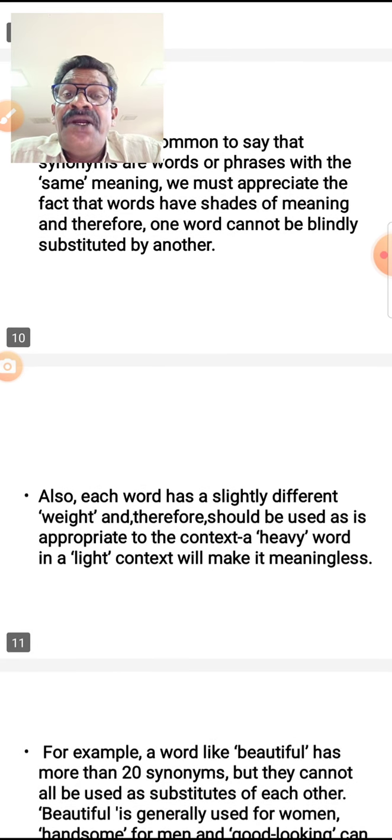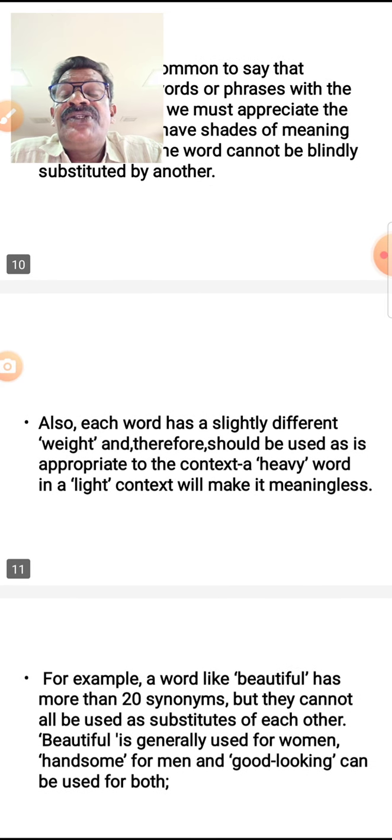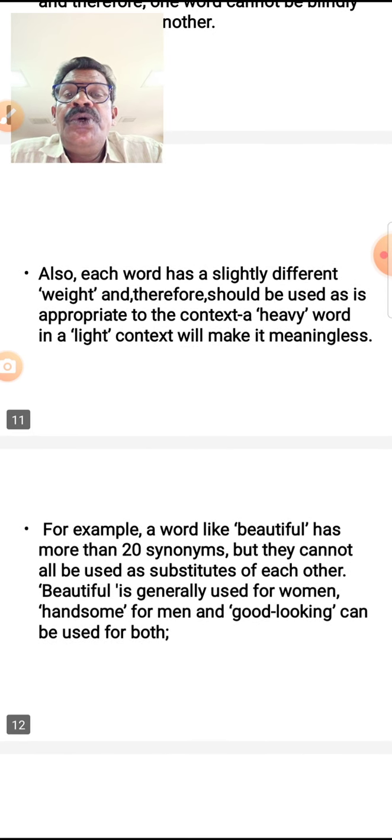That is why it is compulsory to know the exact meaning of a particular word, and also that each word has a slightly different meaning. So we have to be very careful, and words should be used as is appropriate to the context.